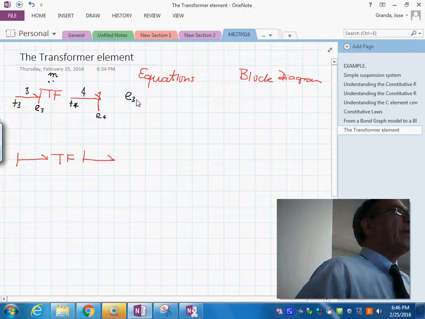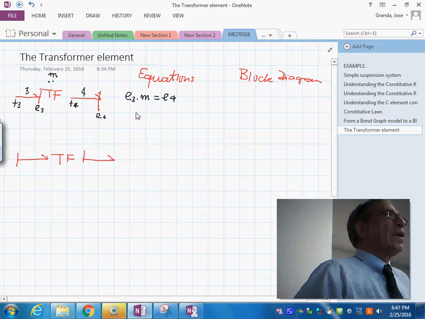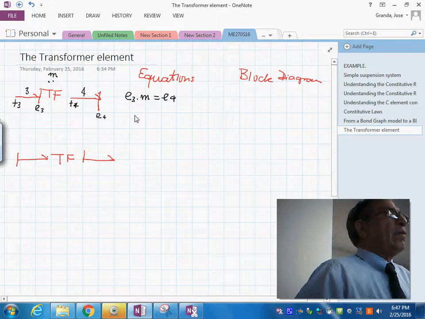But on this other side, this is the flow into the TF, which is F sub 4 times M is also F sub 3. So this is F sub 4 times M. This is going to be equal to F sub 3.